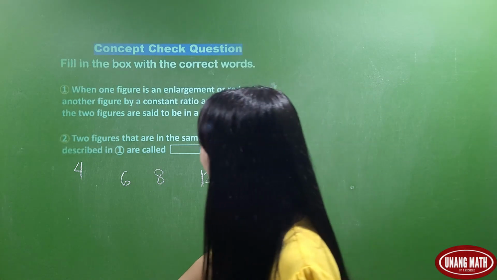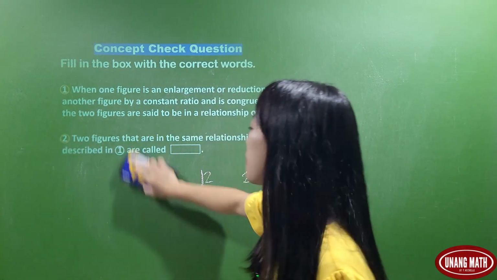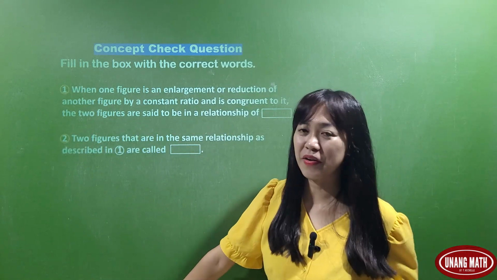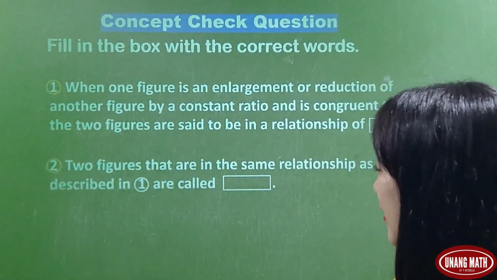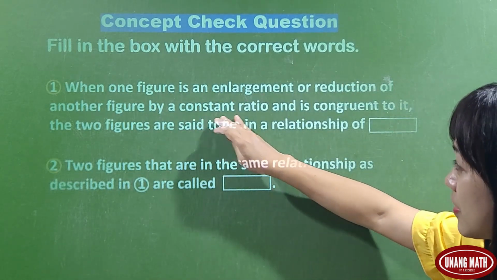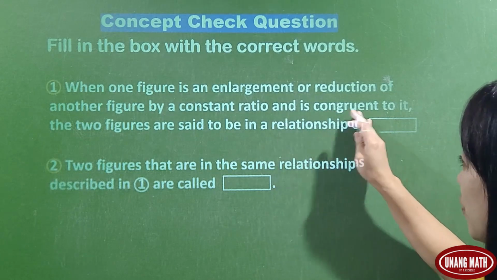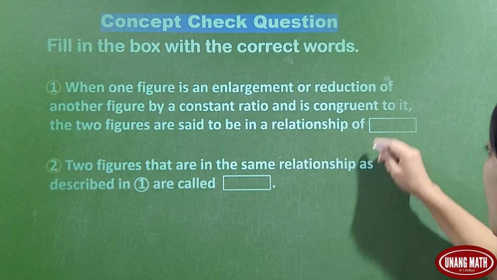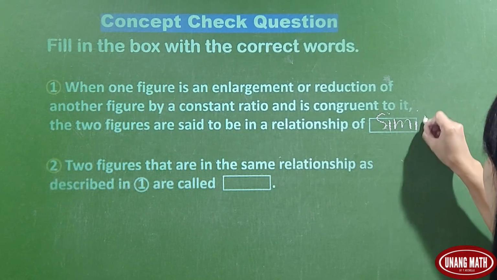Okay, this time, let's answer this concept check question. We are going to fill in the box with the correct words. When one figure is an enlargement or reduction of another figure by a constant ratio and is congruent to it, then the two figures are said to be in a relationship of similarity.